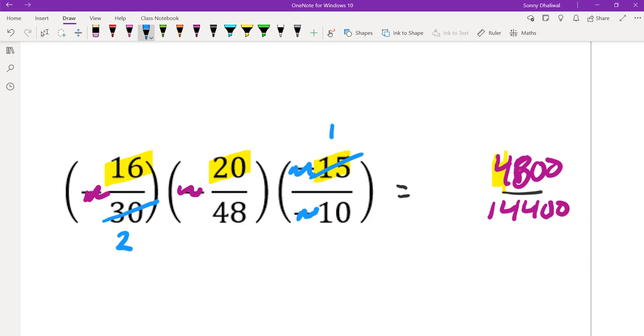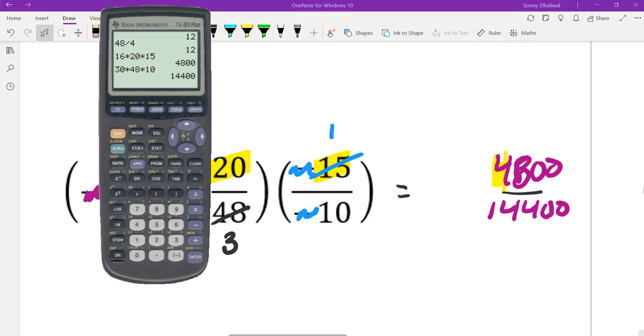Do you see anything else that we can divide? Sadie? 16 and 48 can be divided by 16. 16 divided by 16 is 1, and 48 divided by 16 is 3. If you don't know this division, that's fine. You can use your calculator: 48 divided by 16 gives you 3.